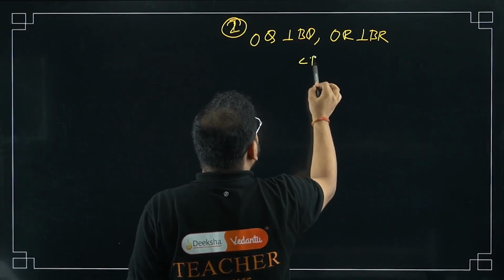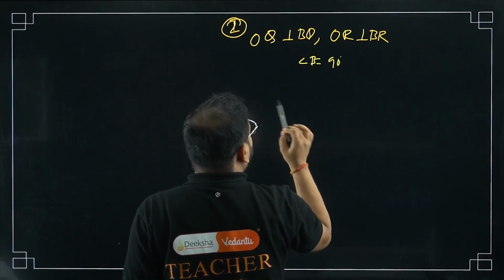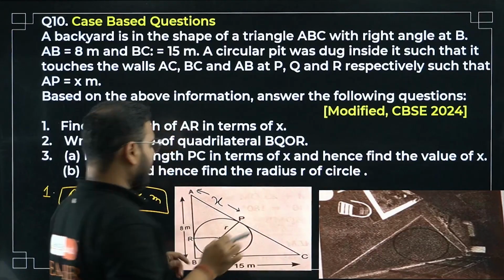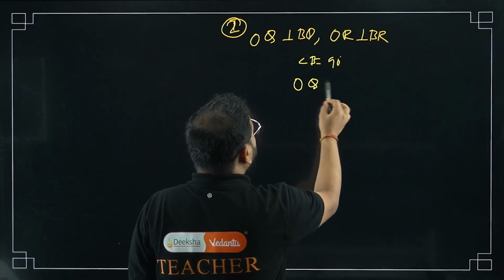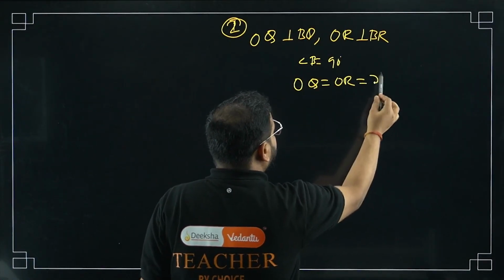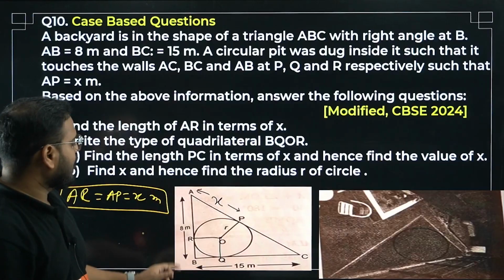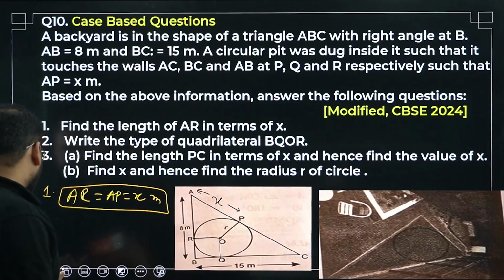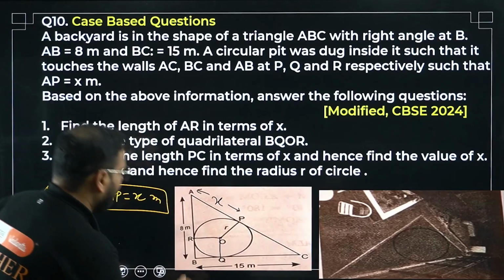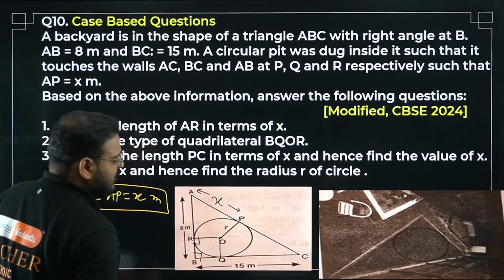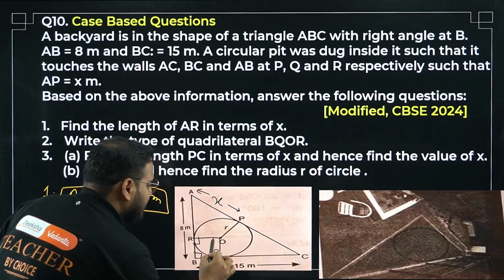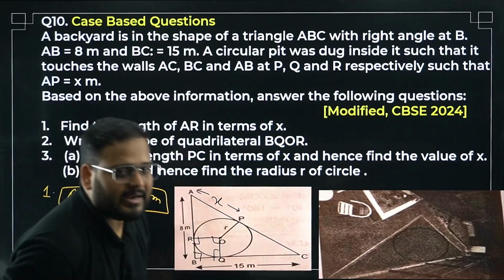Also angle B is 90 degrees, and we have OQ equals OR, the radius. Basically, all four angles are 90 degrees. Two are 90 because of radius and tangent, and angle B is given as 90. So it is a rectangle.